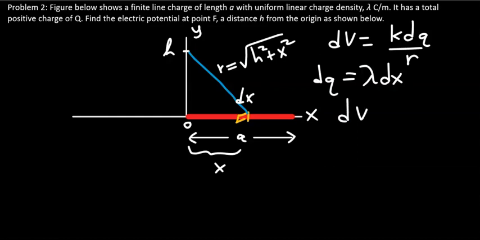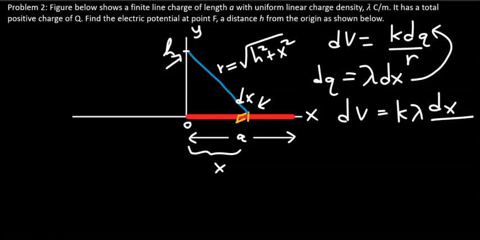So putting that in here, the potential created by just that tiny element at that point is quite simply k lambda dx over r, where now we know r is square root of h squared plus x squared.